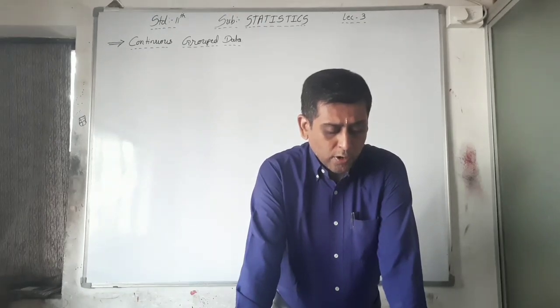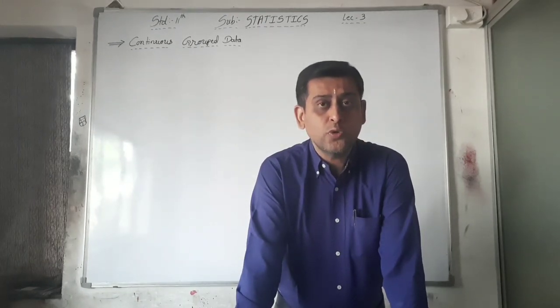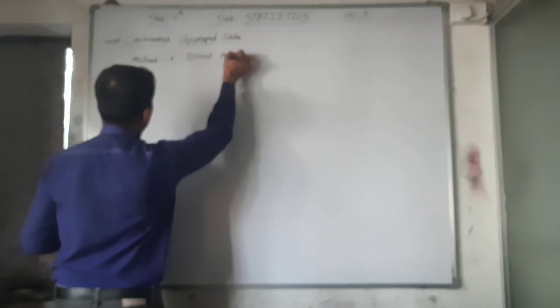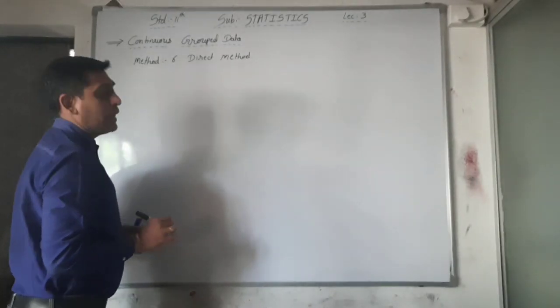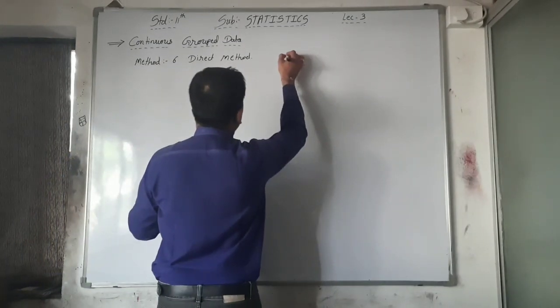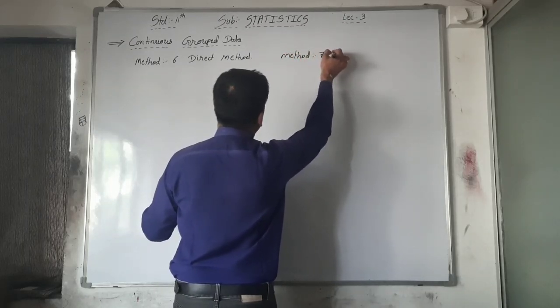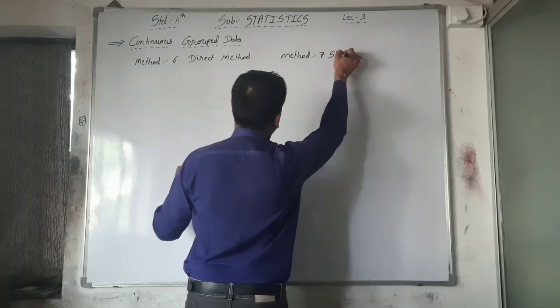First of all, for continuous frequency distribution, see, method number 6, that is for continuous group data, direct method, as well as method number 7, shortcut method.